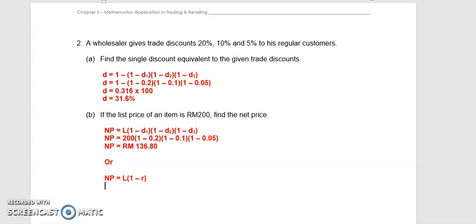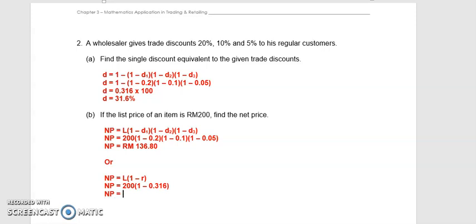The concept is still the same. So NP equal to list price 200 multiplied by, so what is R? Just now we have 3 discounts, right? So these 3 discounts are also equivalent to this single discount. So instead of substituting one by one like this, you use the single discount value. So 1 minus 0.316.